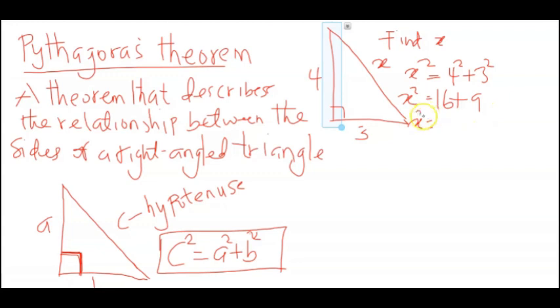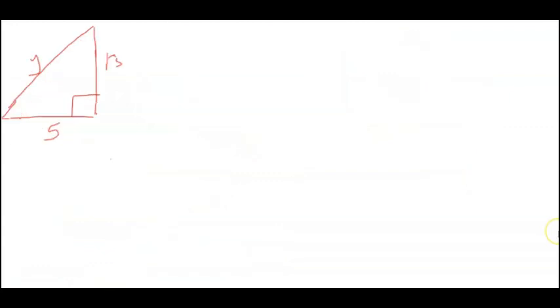So my x squared is equal to 16 plus 9, which is 25. So my x is going to be equal to the square root of 25, and that is 5. Is that okay?